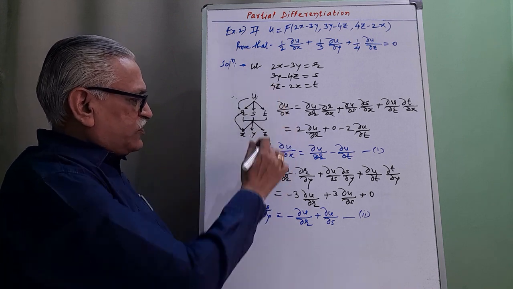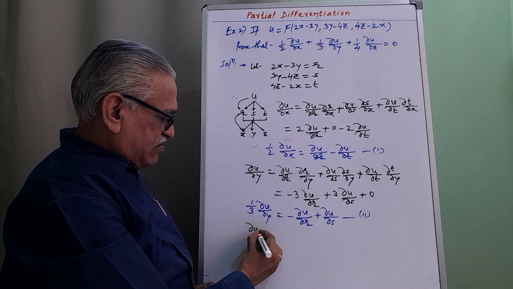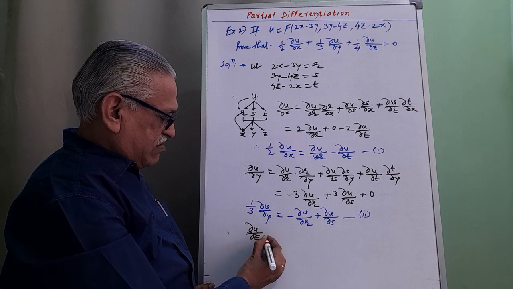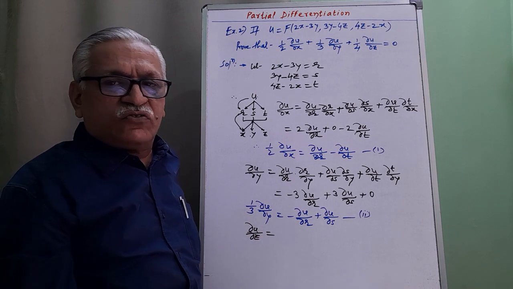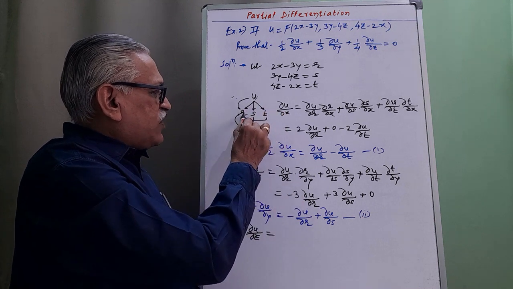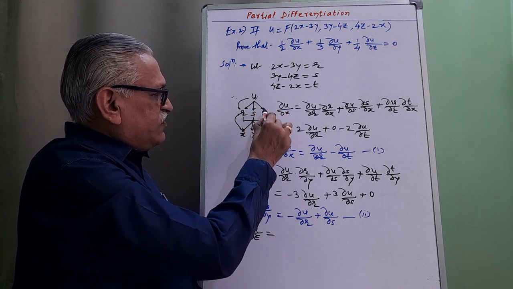Differentiating u with respect to z, direct differentiation is not possible, therefore first with respect to r, then with respect to s, and then with respect to t.